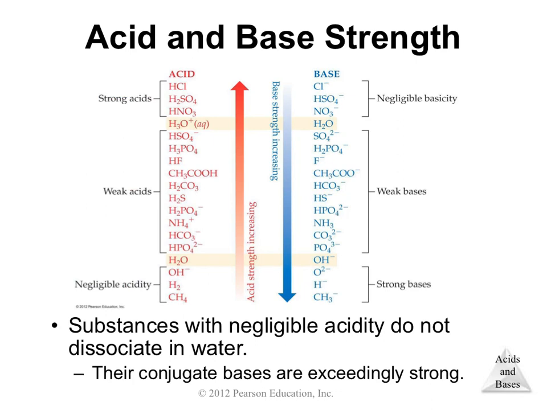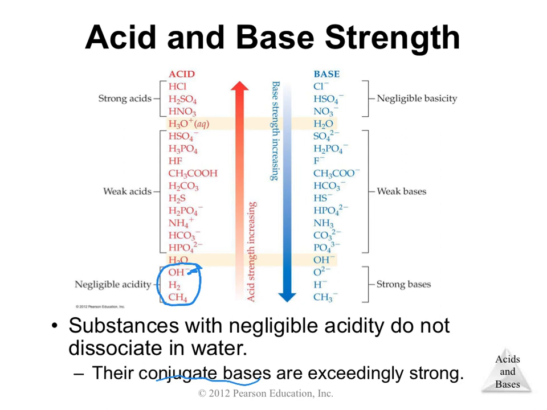Substances with negligible acidity do not dissociate in water. So things down here, like a hydroxide ion, which is like the definition of a base, is not going to be acidic at all. But what that tells me is that its conjugate base is very strong.